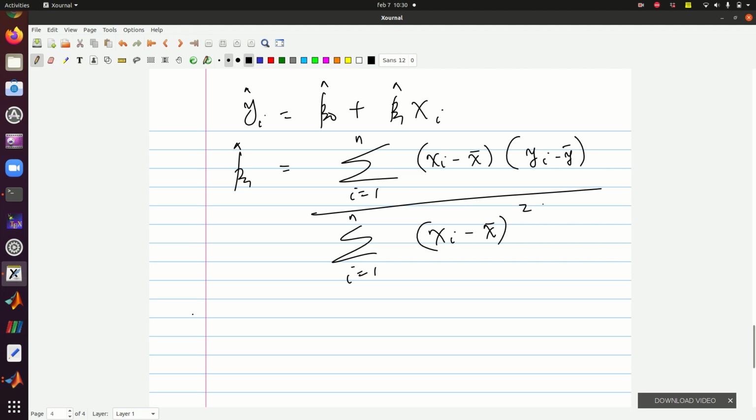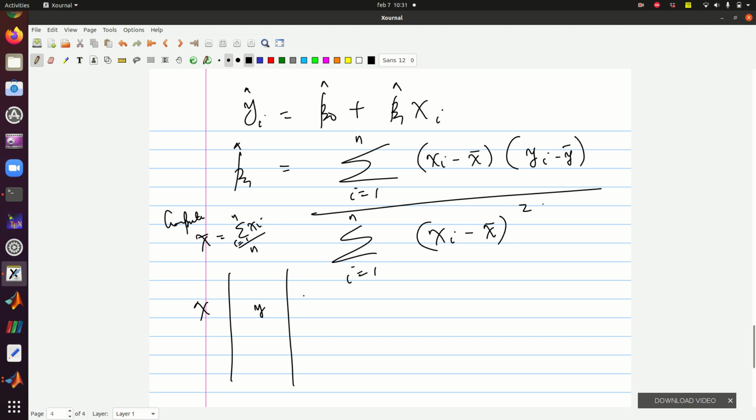So we have our values of x and our values of y. What else do we need? We compute x bar. How do we compute x bar? X bar is simply the summation of all xi's divided by n.